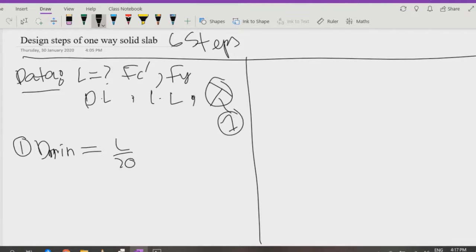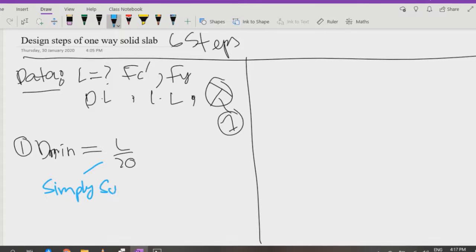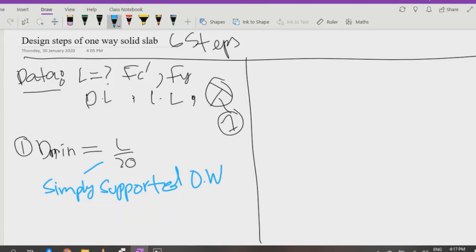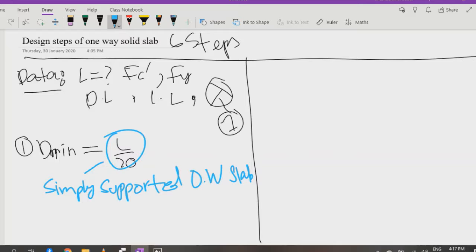This value is actually for a simply supported one-way slab. This formula belongs to simply supported one-way slab.